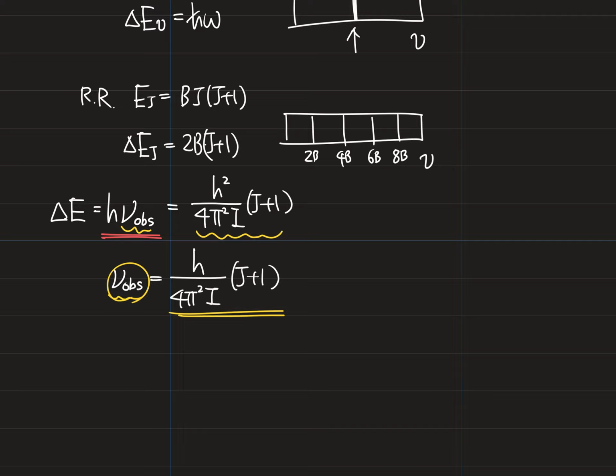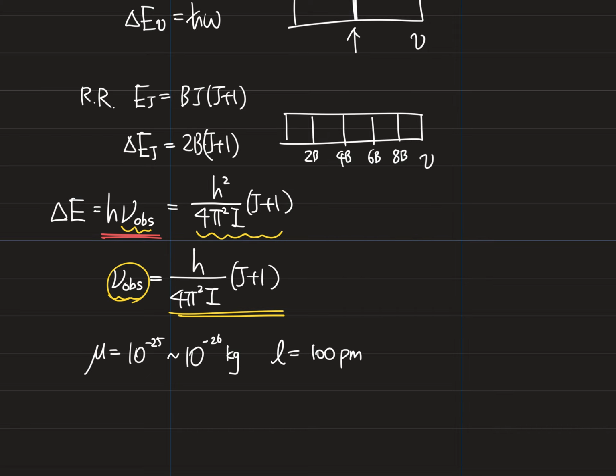So let's say that in a typical situation, the reduced mass of a diatomic molecule is like 10 to the minus 25, 10 to the minus 26 kilograms. And the typical bond distance, let's say L, should be 100 picometers.